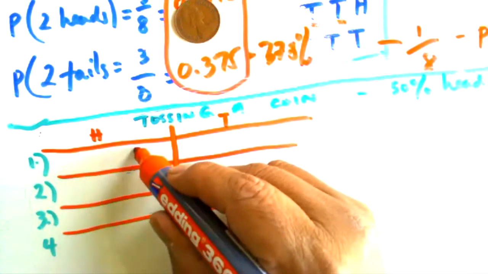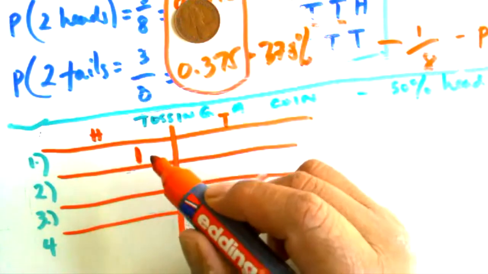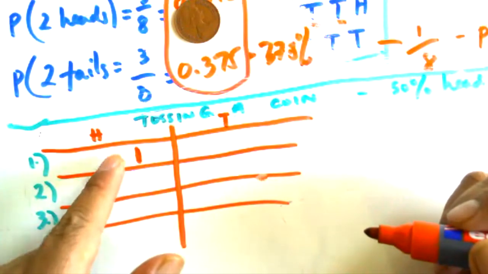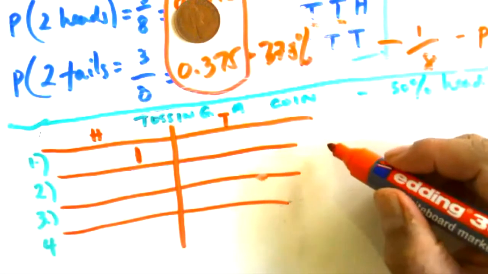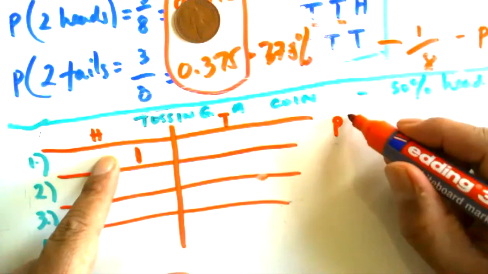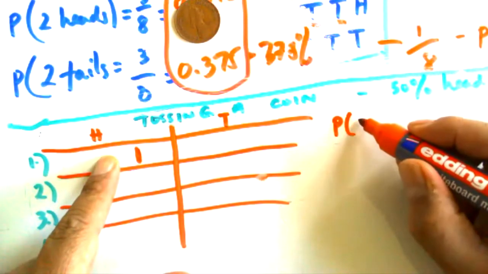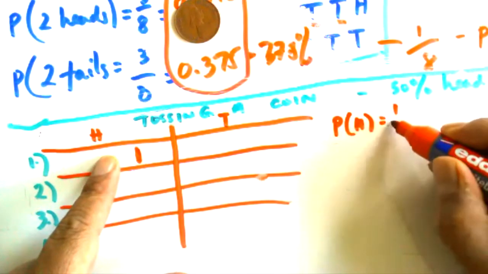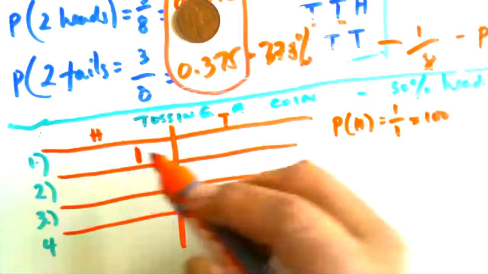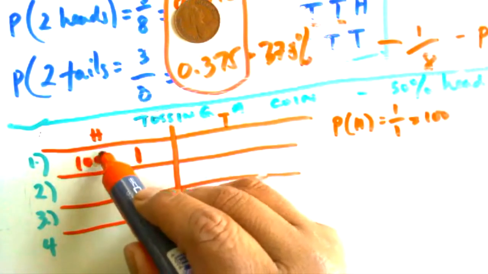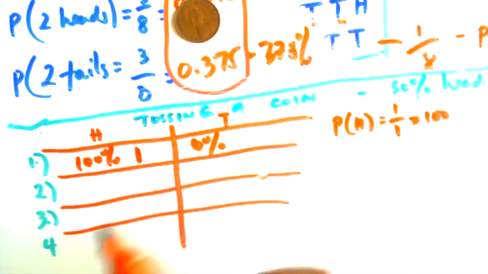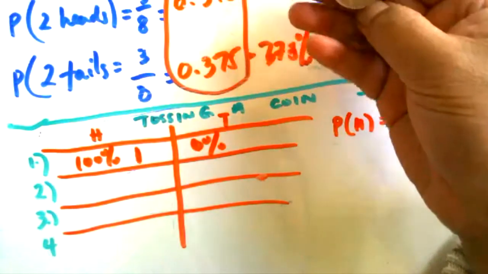So you put it in here. After one throw, the result was 1 out of 1. The probability that it turned out to be heads is 1 out of one number of throws. So it's 100% heads, 0% tails.